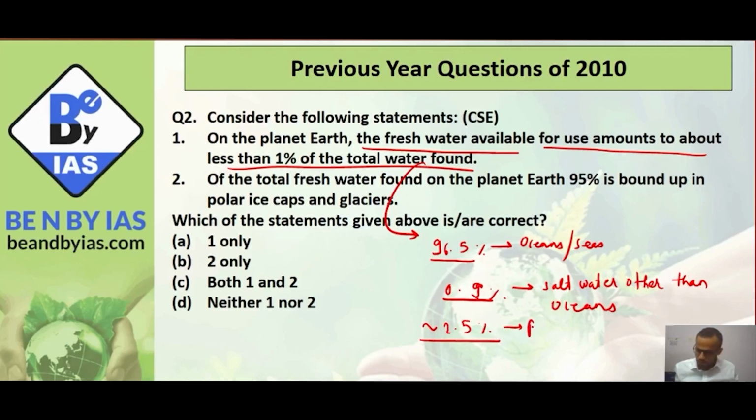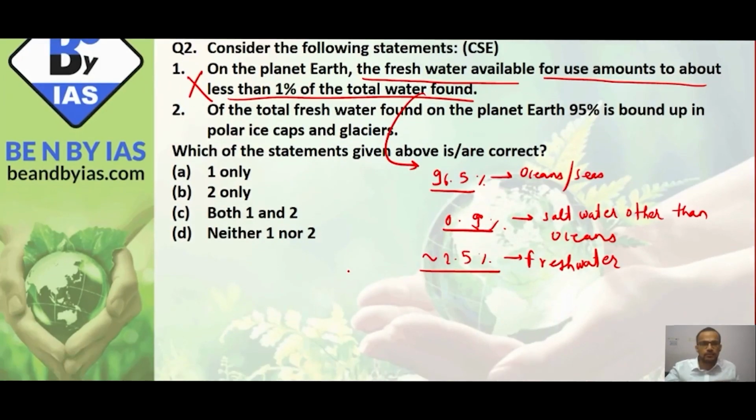So this is fresh water available for use. And that's why we can say that this particular first statement is a wrong statement. Fine. Next, second statement.